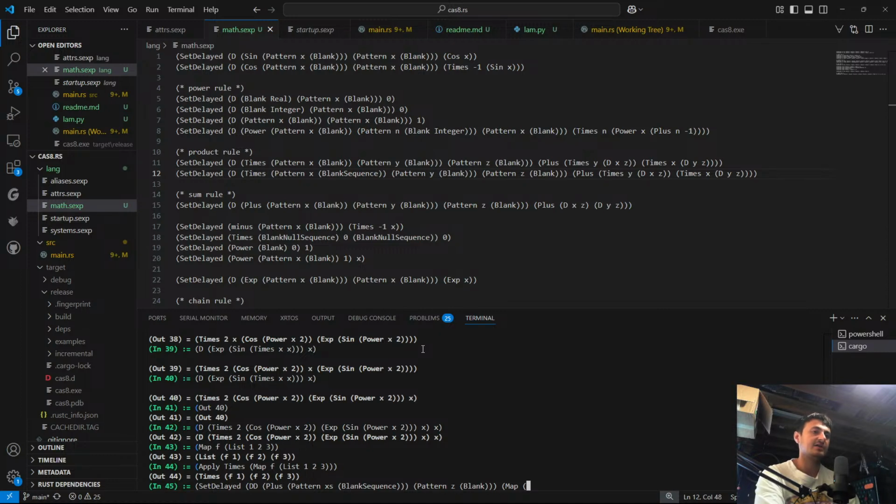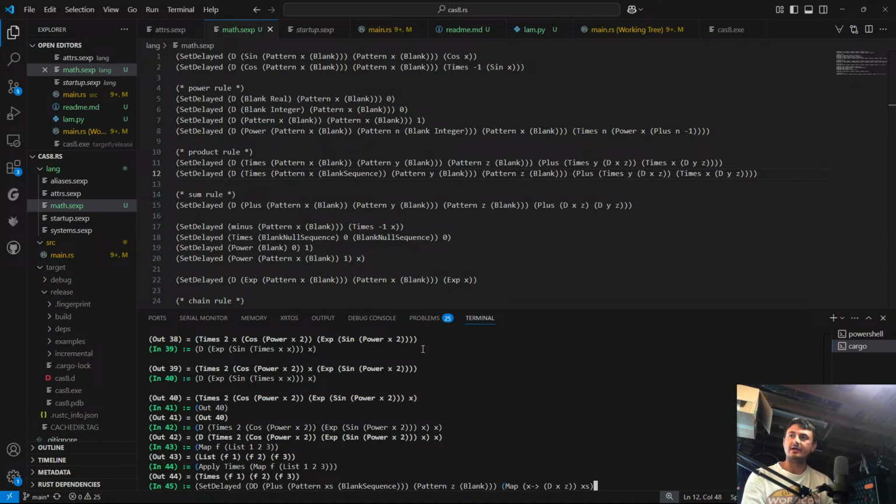Oh, and we might have to figure out how we're gonna define this function. Because what we want is x to dx, dxz to x's. That's what we want.